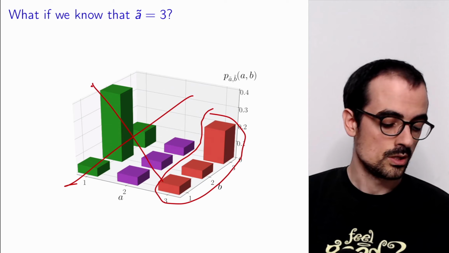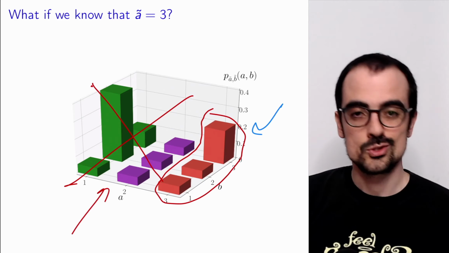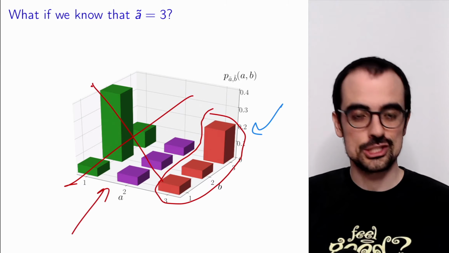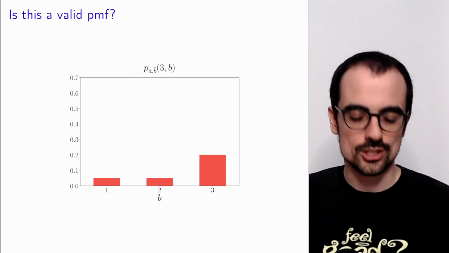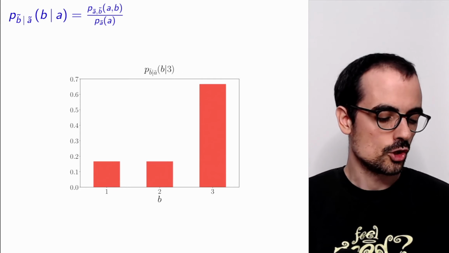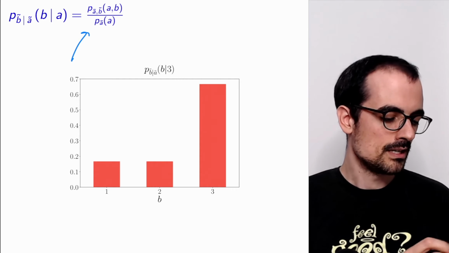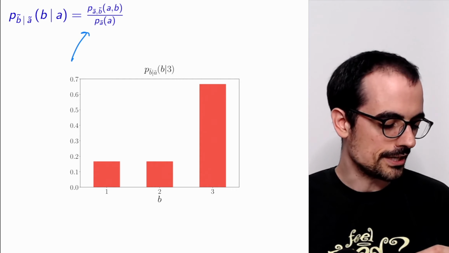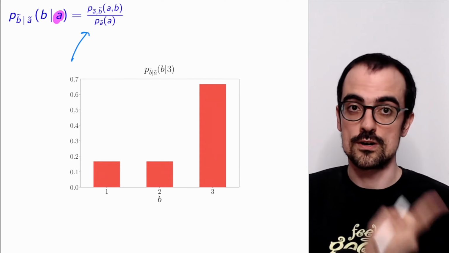So what do we do? We discard this and we normalize this to make it into a valid conditional, what we call a conditional PMF. So if we don't normalize, it's not valid. We need to normalize it to make it a valid conditional probability. We call that a conditional PMF. Realize that every time that we change this value, we're going to get a completely different conditional PMF over B.